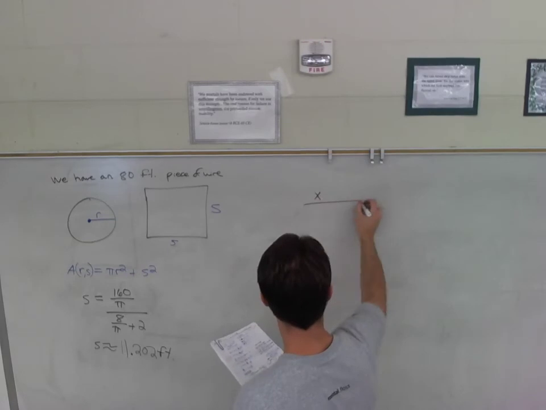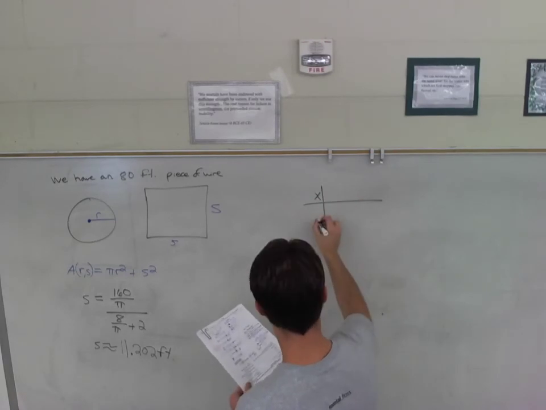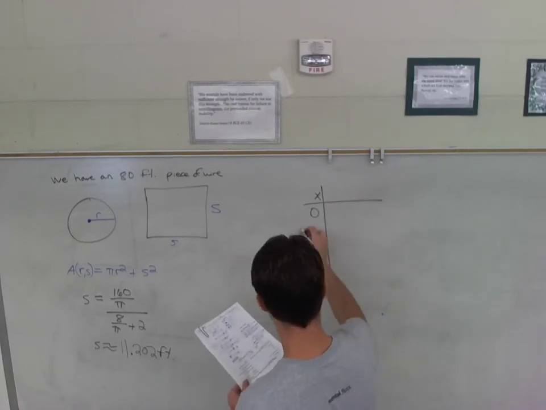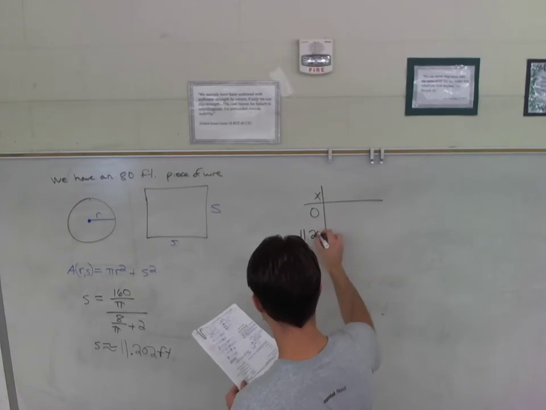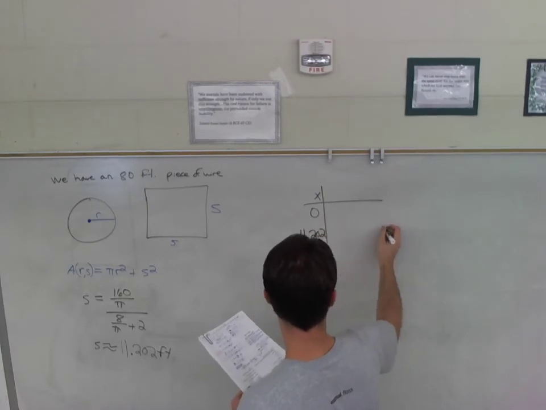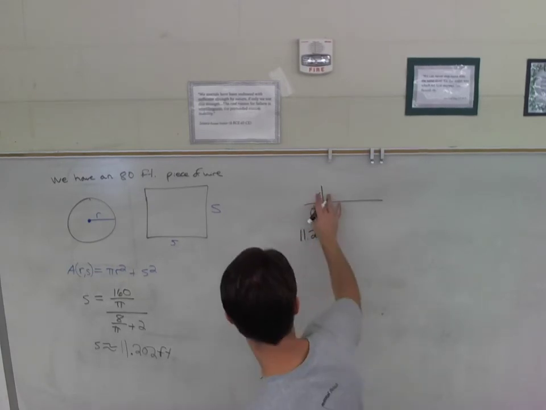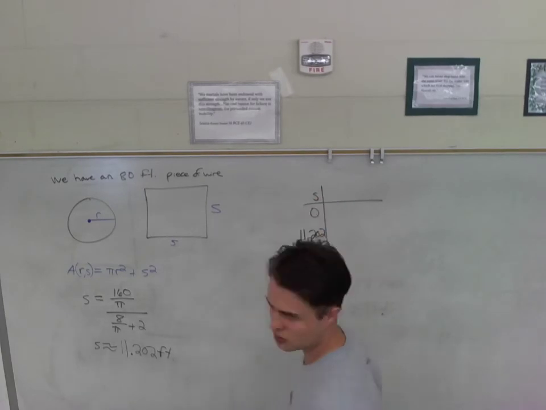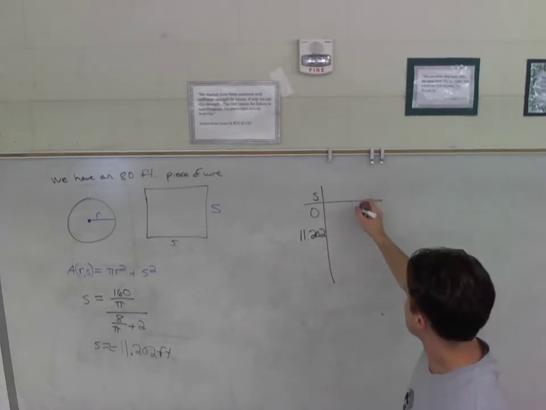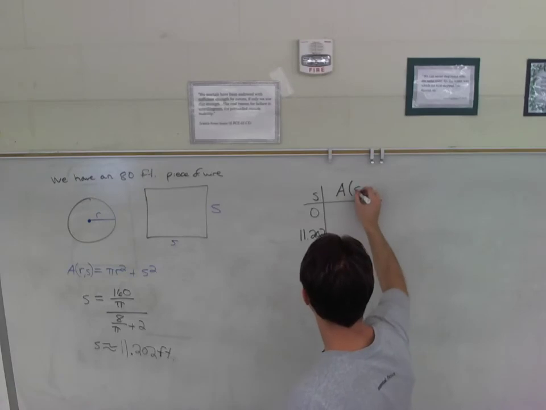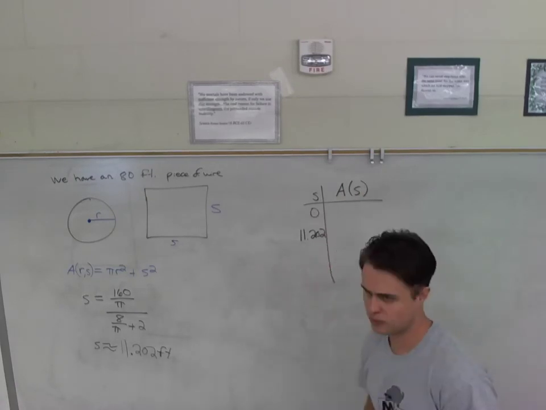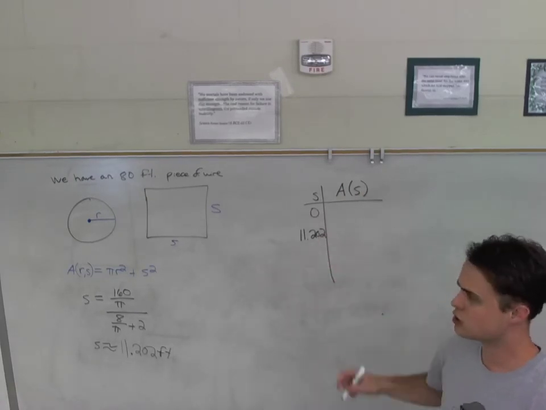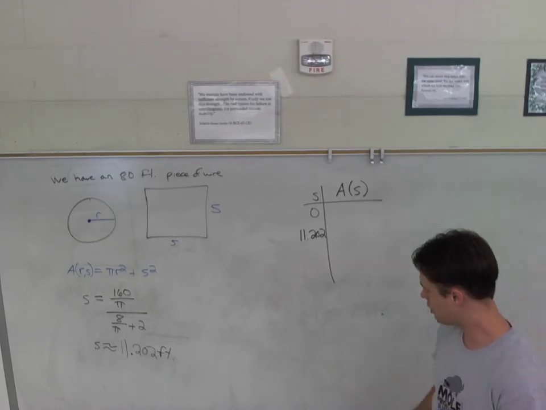So x, let's look at 0 for the one endpoint, our critical point, and this isn't really x, right? We called it s. And then let's think about the area as a function of s. So we need to check 0, we need to check our critical point. What's the other endpoint?